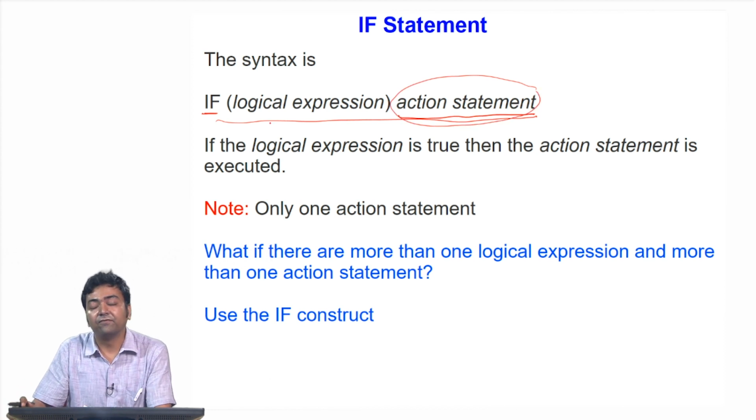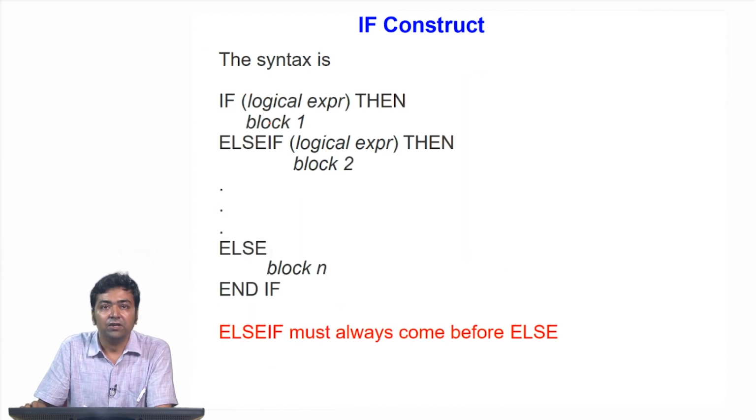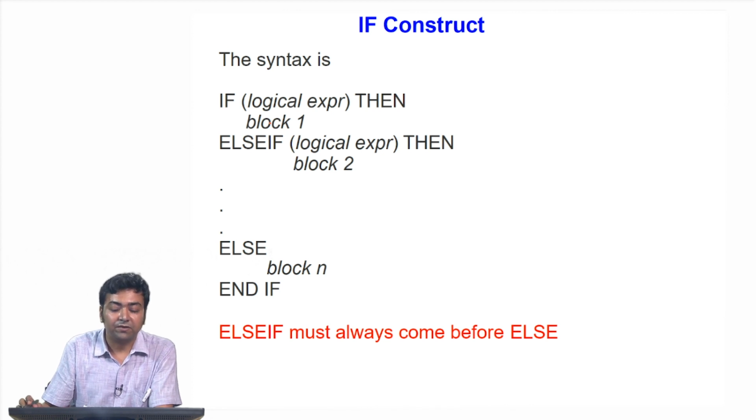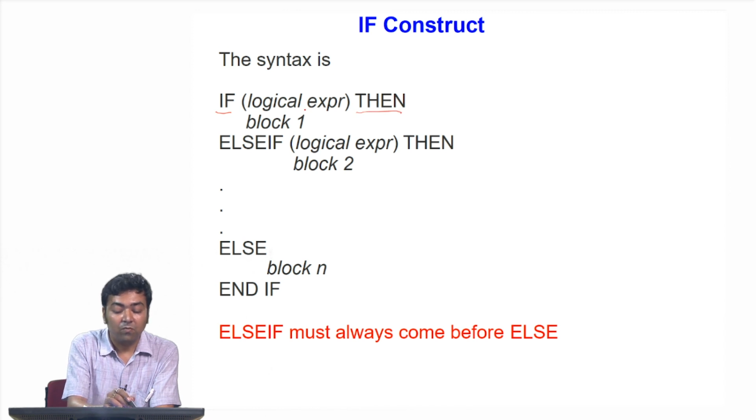Now, suppose we have to perform a set of actions when the logical expression is satisfied, then how do we do that? In order to do that we use what is called the if construct block. The syntax is the following. You start with if and then you have your logical expression. If that logical expression is satisfied, then you go to block 1, which contains a set of instructions.